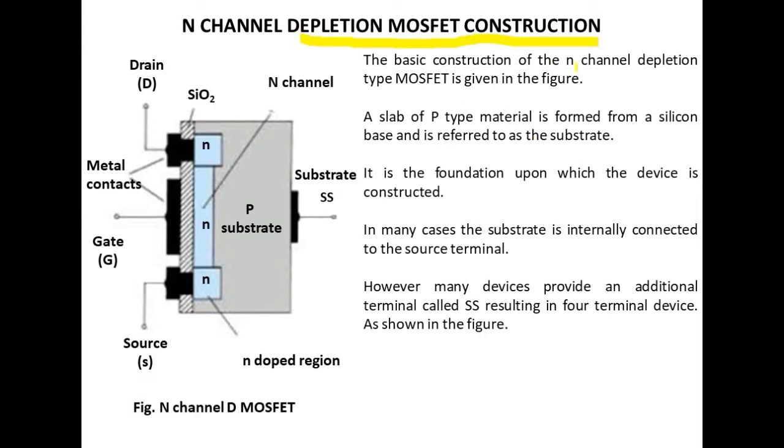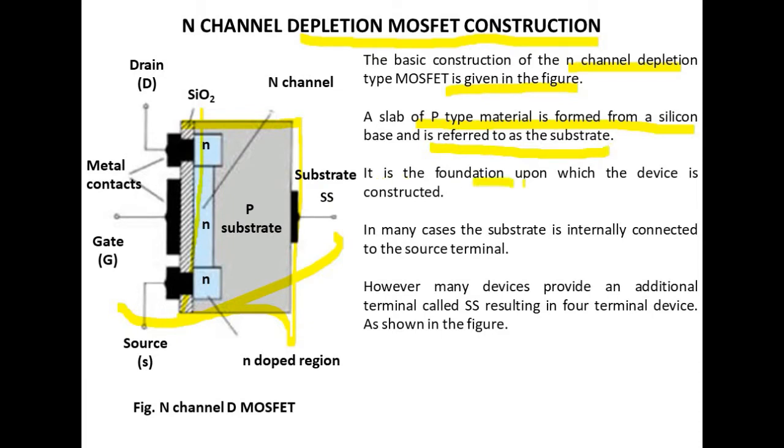The basic construction of the N-channel depletion type MOSFET is given in the figure. A slab of P-type material is formed from a silicon base. That is, this whole slab is first taken as a P-type, and this is referred to as substrate.